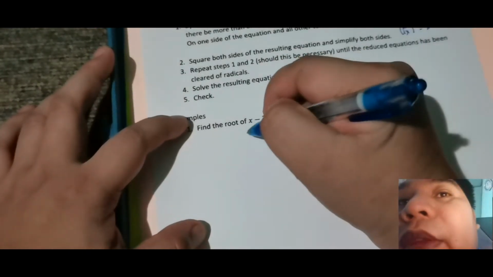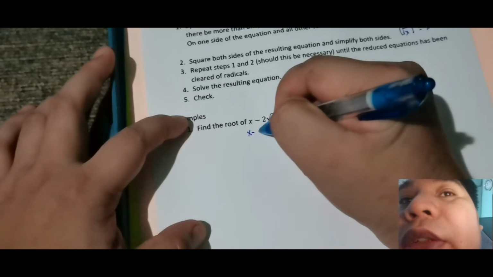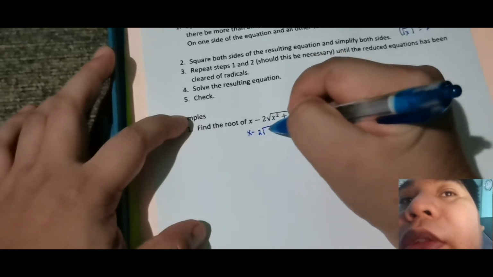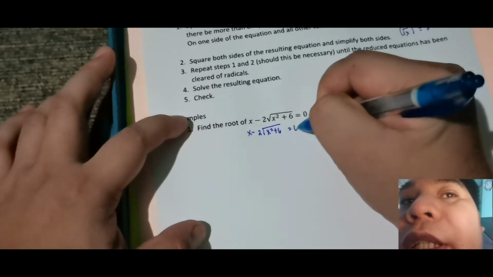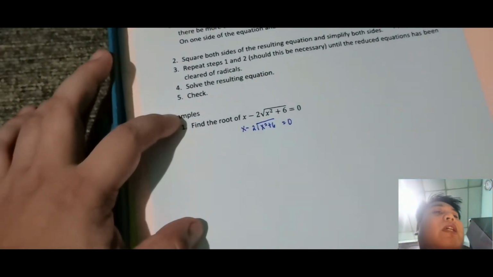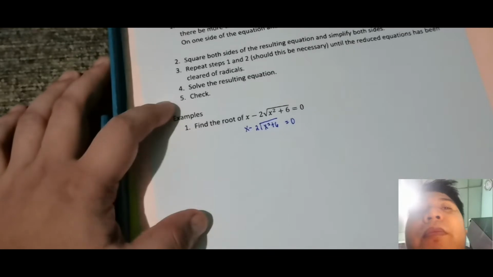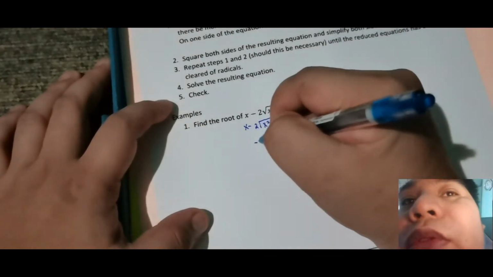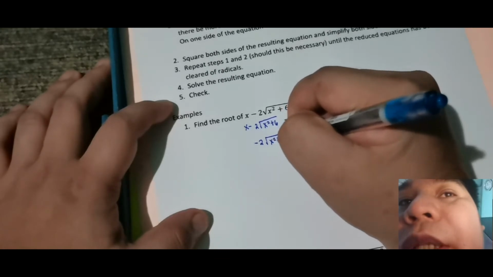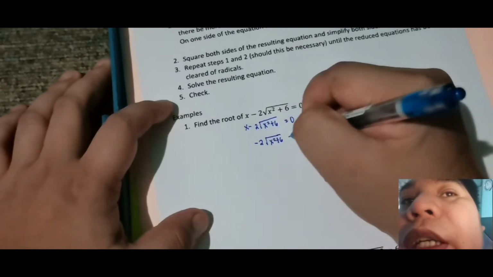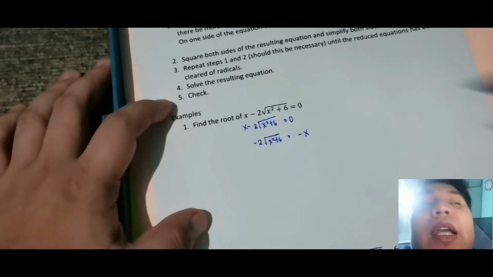This is x minus 2 square root of x squared plus 6 equals 0. Next is, ita-transpose ko yung x sa kabila. So, this is negative 2 square root of x squared plus 6 equals negative x.